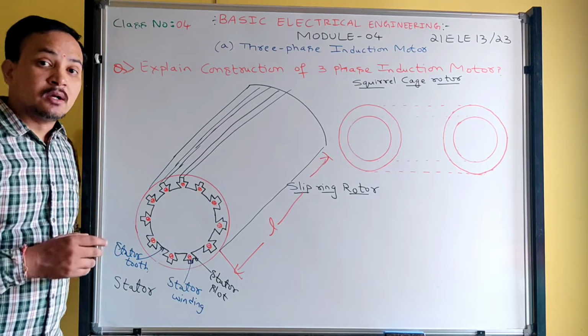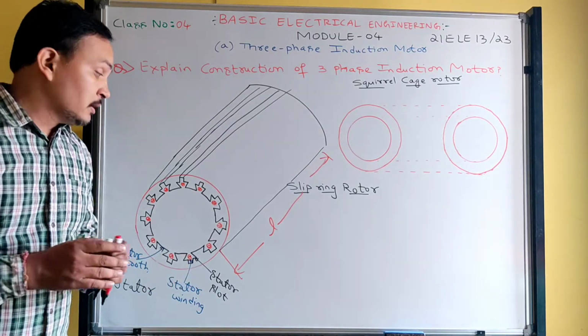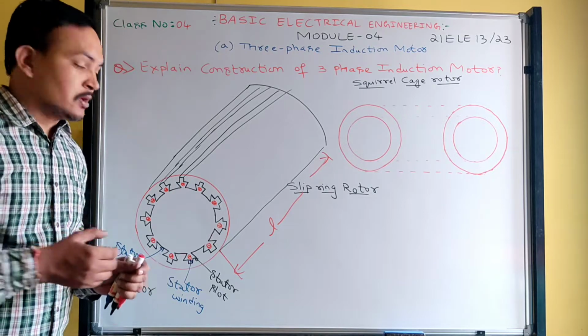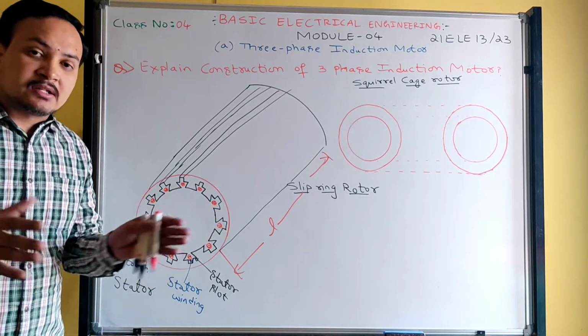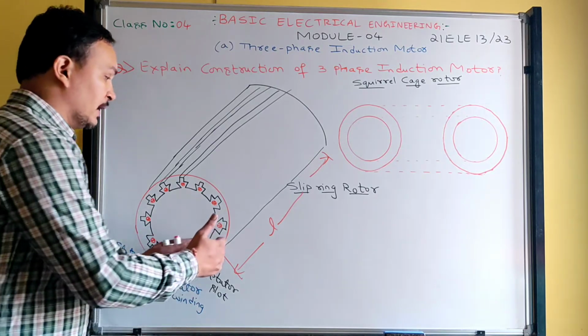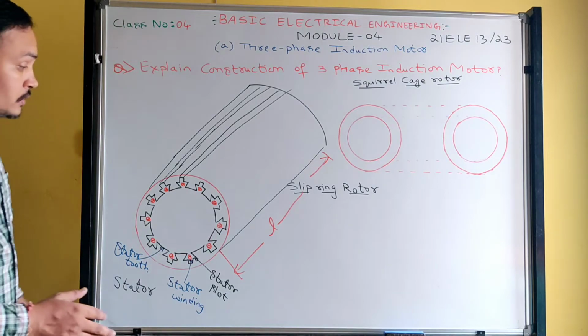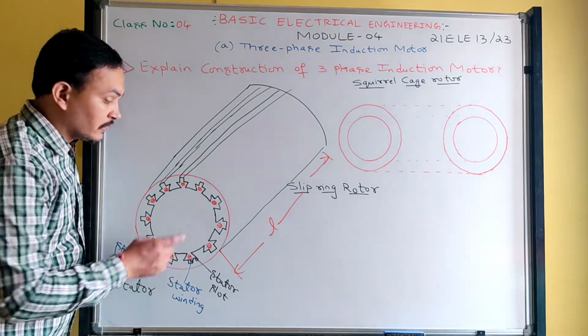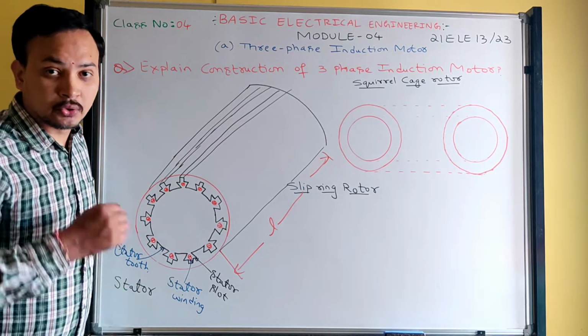So like that, by joining n number of laminations, okay, the plate is also called lamination, side by side and stamped together, we get a certain length of the stator core. And finally the stator core will have stator slot, stator winding and stator tooth.